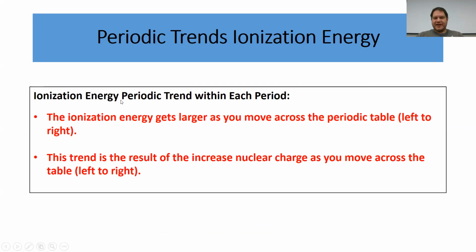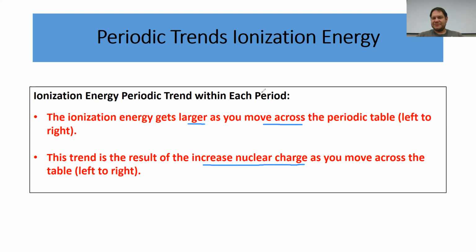So the ionization trend across a period: the ionization energy gets larger as you move across the periodic table left to right. Why is this? That is because there's an increase in the nuclear charge due to the increase in number of protons. So that's the general trend across a period that you need to be very comfortable with.